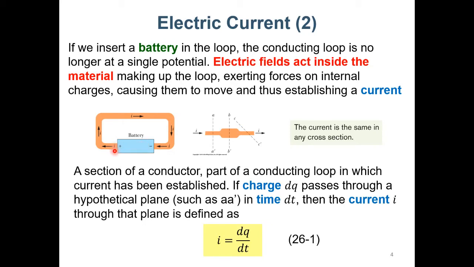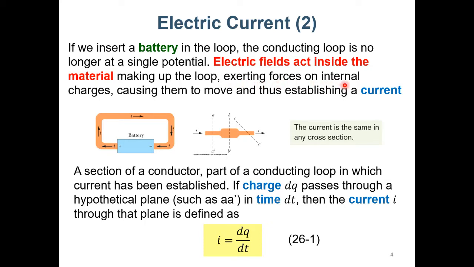Considering current going from positive to negative is trivial, and doesn't conflict with other theories, so it's fine for circuit theory. You can consider the current going from positive to negative, but actually electrons go from the negative end to the positive end.